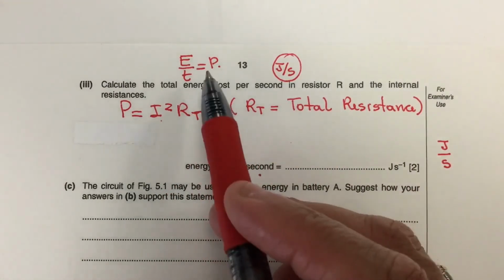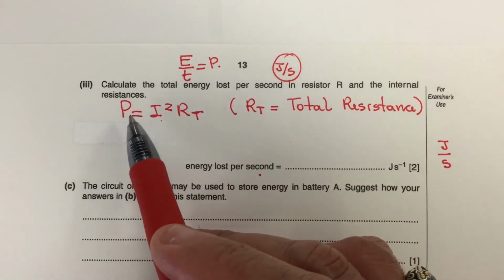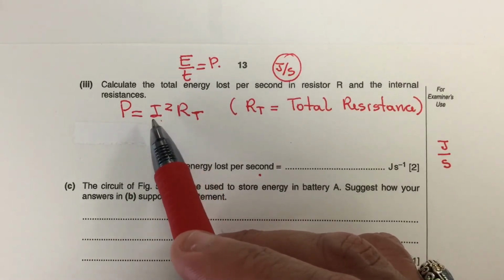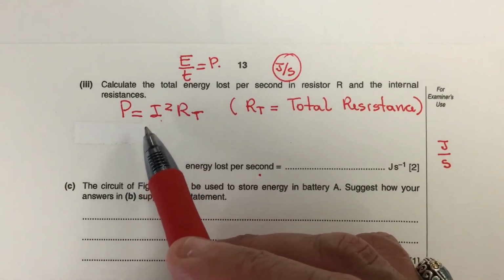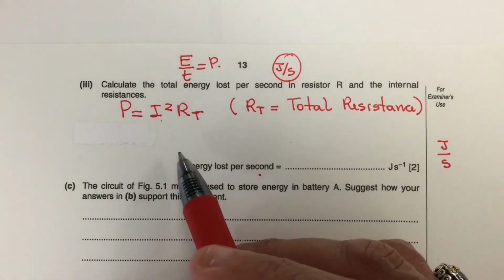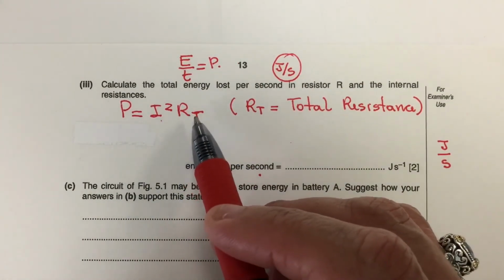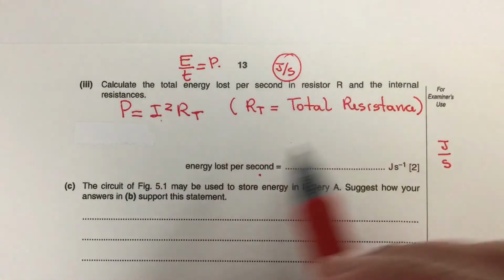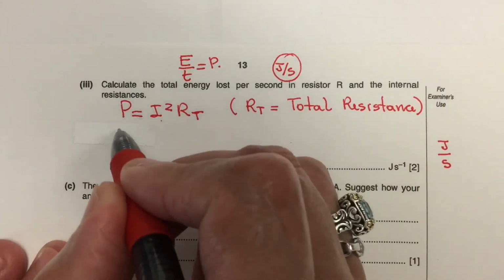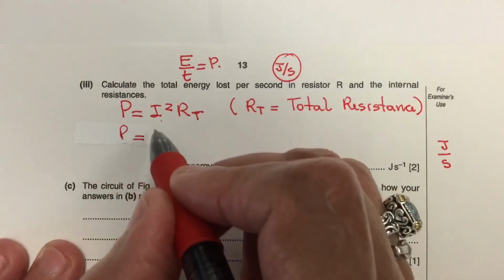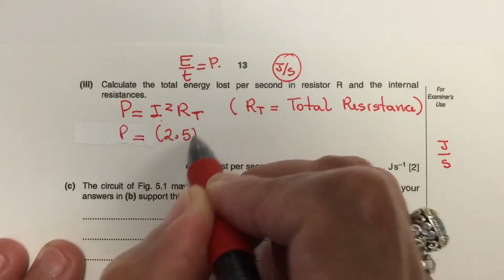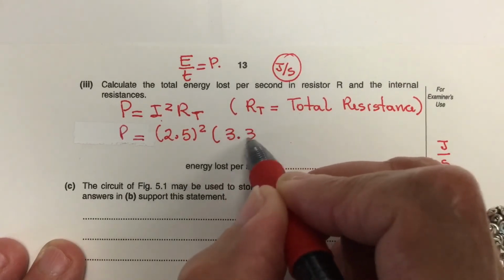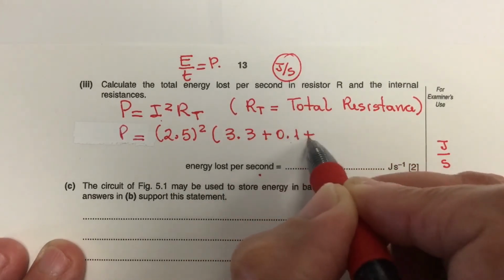In this case, we can use the formula for power and incorporate the current that we calculated, which was 2.5 amps, and calculate the total resistance. Since all resistors are in series, we can add them. So P is equal to I squared, 2.5 squared, times each resistor, 3.3 plus 0.1 plus 0.2.